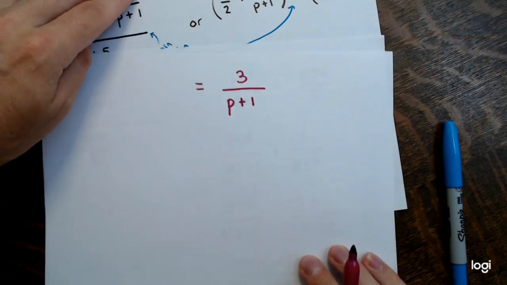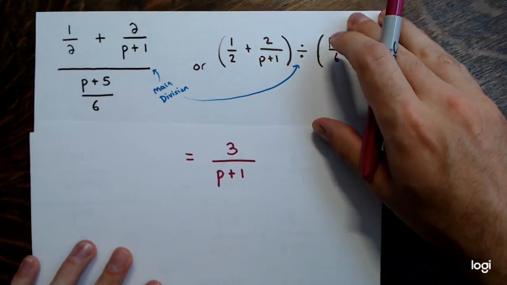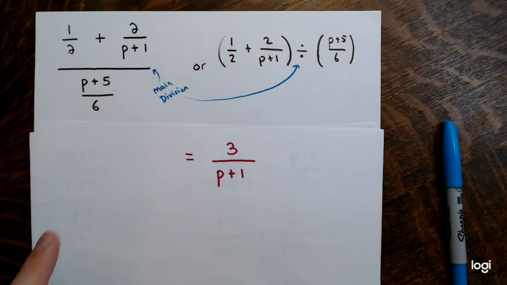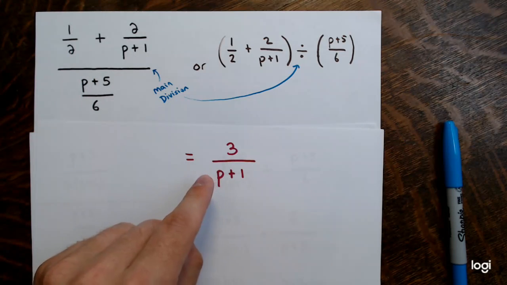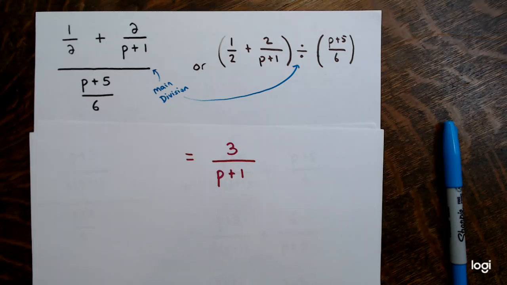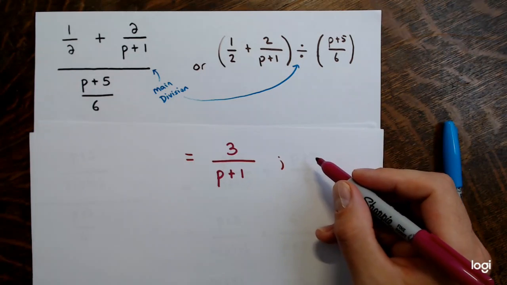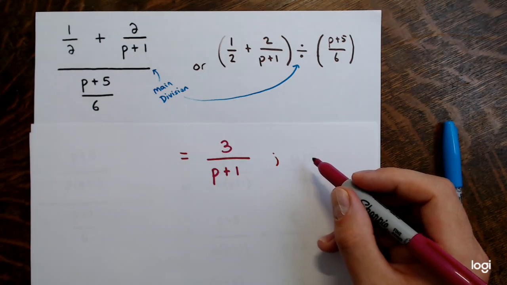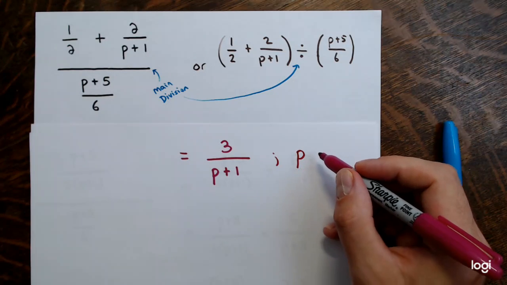Let's go back to the original and check it. So here's the original problem, the original complex fraction. And what we're saying is that the value of this crazy fraction up here will be equal to the value of this simple fraction no matter what I plug in for p, with a few exceptions. Remember, throughout the entire problem, at any moment, you can never have a denominator of 0. So there are some values I can't plug in for p here.